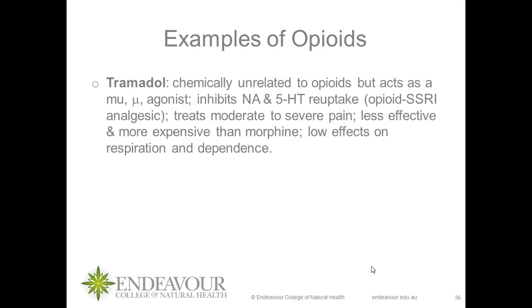Tramadol treats moderate to severe pain. It is less effective than morphine, and you'll see that we're going to compare all opioids to morphine, the gold standard. However, it's more expensive than morphine.